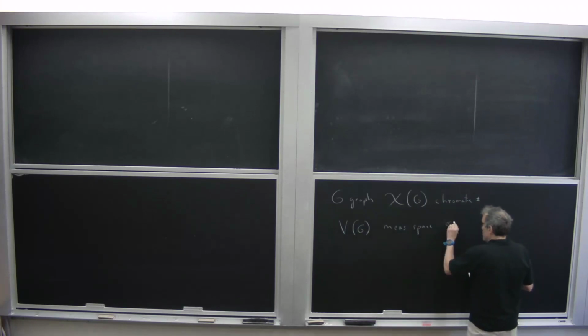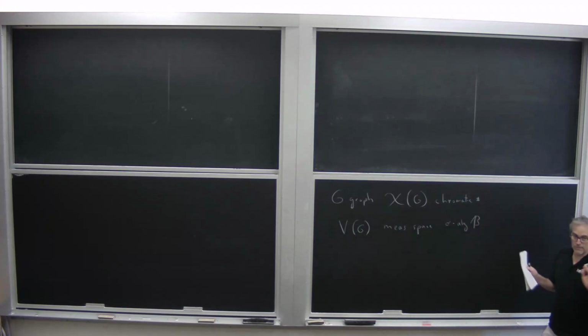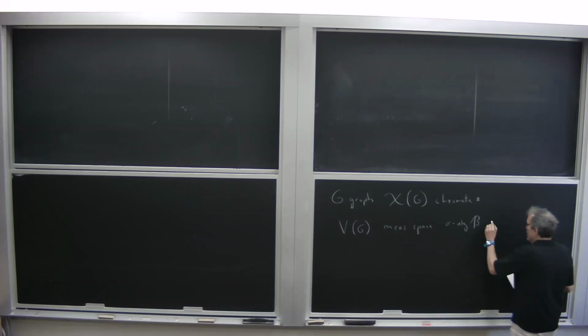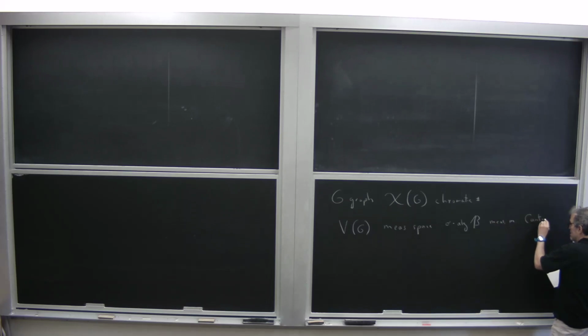So, a sigma algebra, we'll say beta, which usually I'm going to be thinking of as the Borel sets, the set of Borel sets, and usually with the usual Borel measure, and in general, I'm looking at Cantor sets.